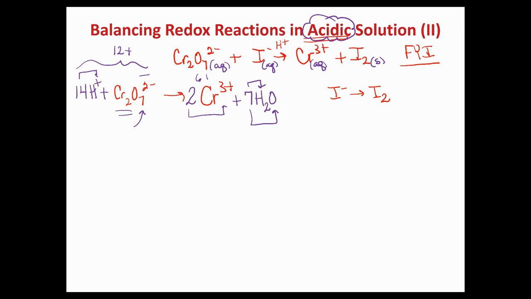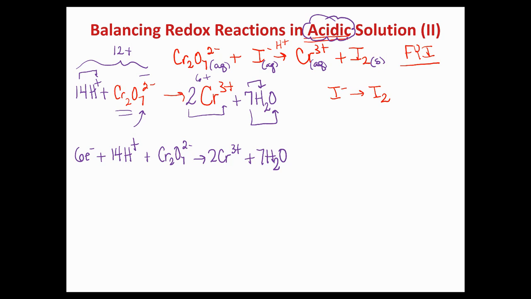Now, they don't have to be neutral. So I just need to get the 12 plus down to 6 plus. So that would be adding 6 electrons to this side. And so now I have my half reaction.